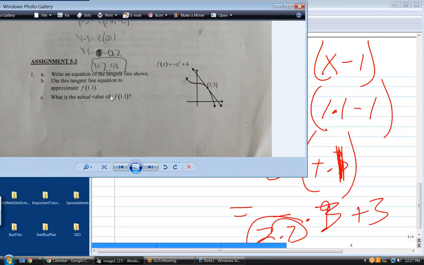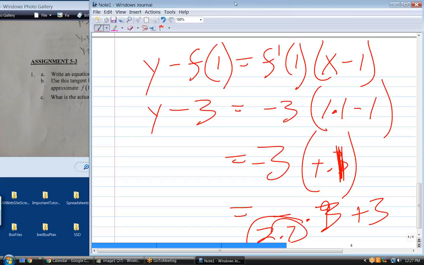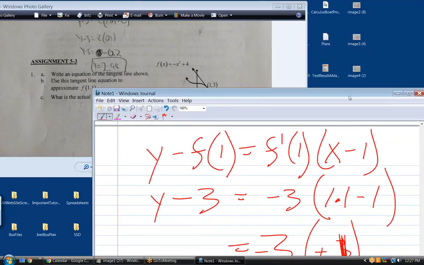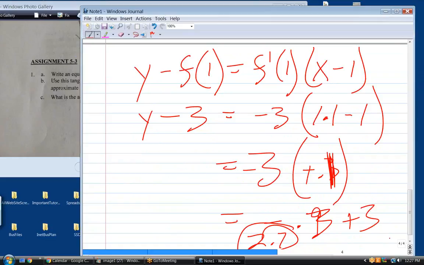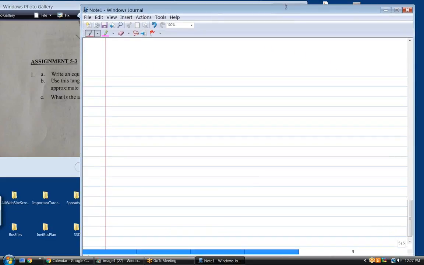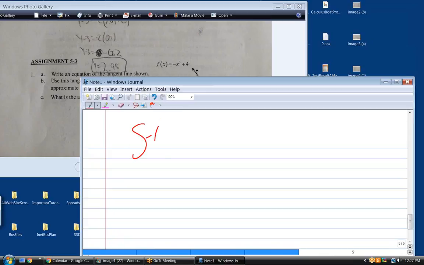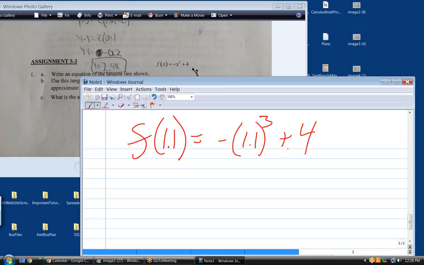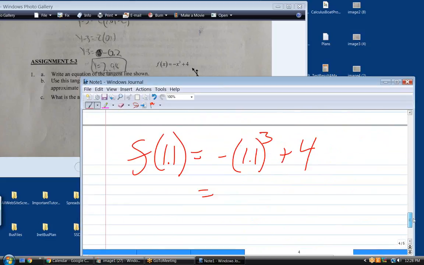All right. So what's the actual value of f of 1.1? Is that when you were saying we can just plug into the original function? Yeah, and that's what I was just going to do here. F of 1.1 is equal to minus 1.1 cubed plus 4. Do you have a calculator in front of you? Yeah. What did we come up with? 2.7?